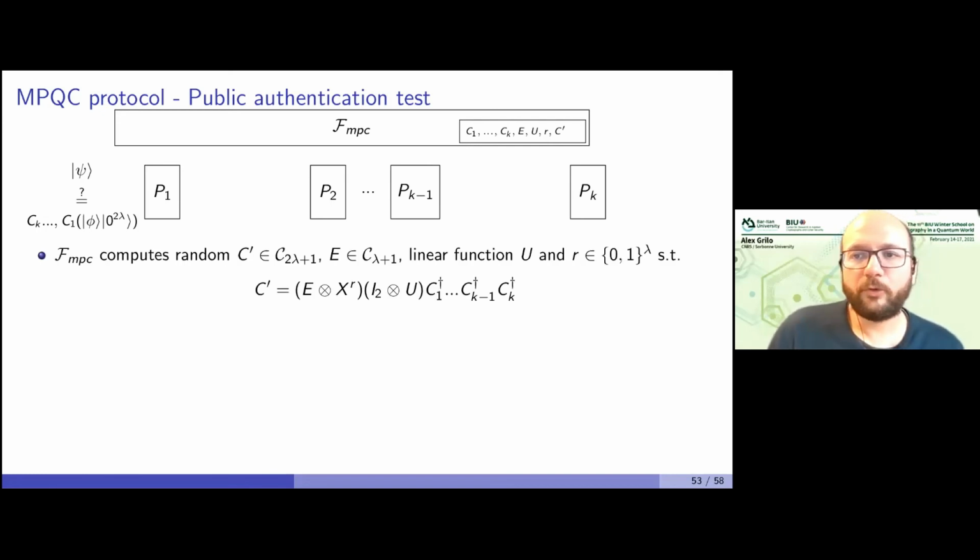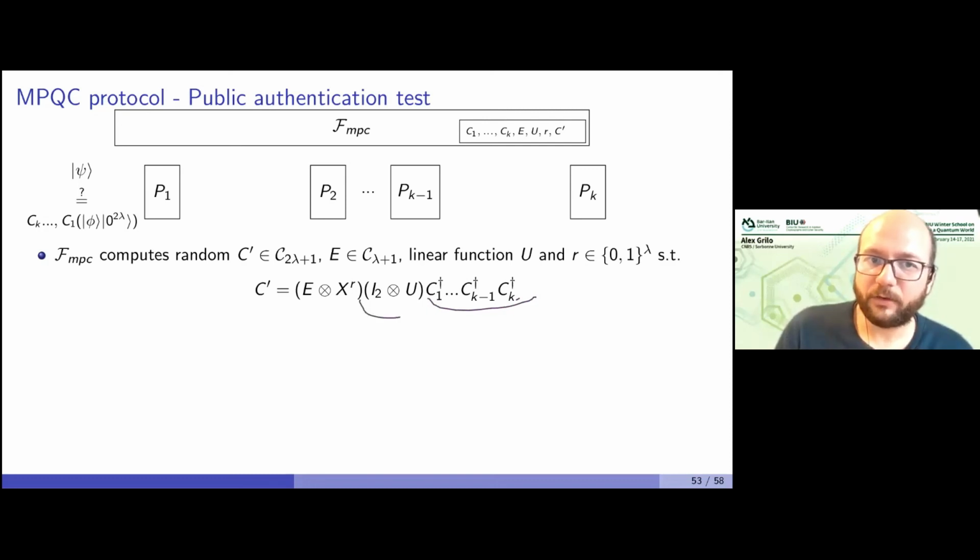In order to enable this public authentication test, this ideal MPC functionality computes a random Clifford C prime on all of the qubits, a random linear function U, and a random value R, in such a way that C prime is equal to undoing the previous Clifford encoding.